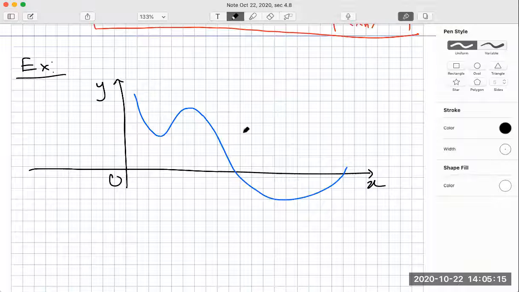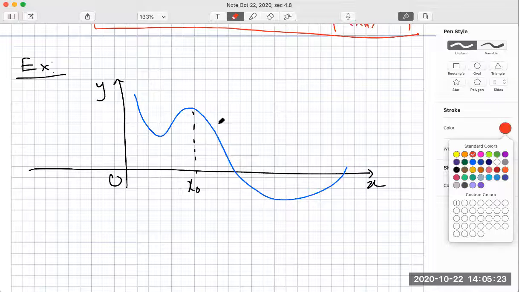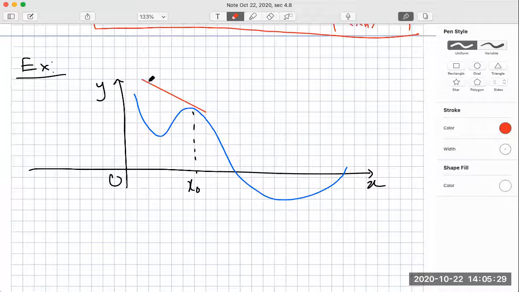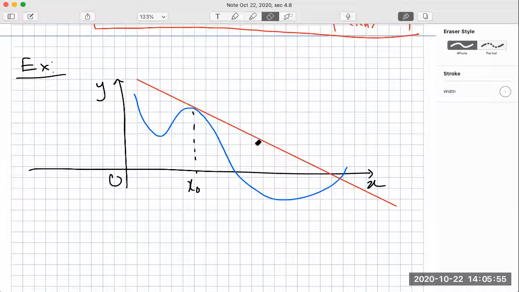If we start at the point here, x0, so we see that the tangent line will be like this one. It is not a good.